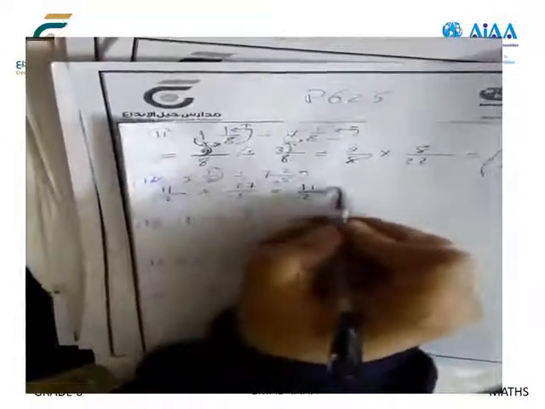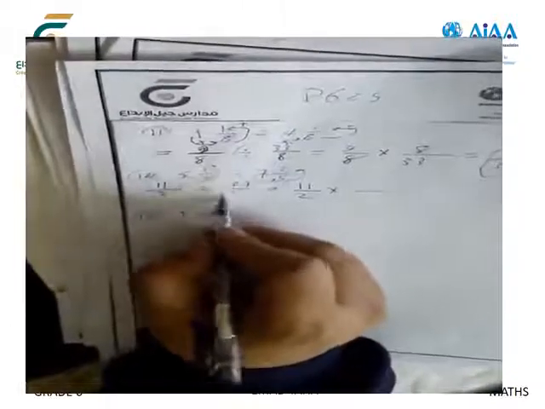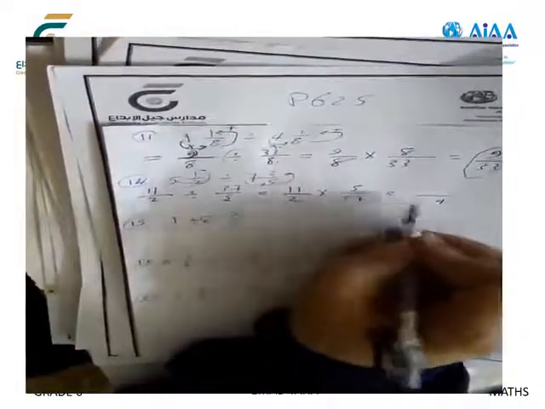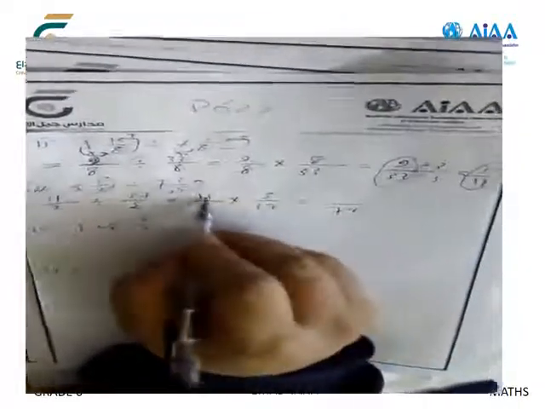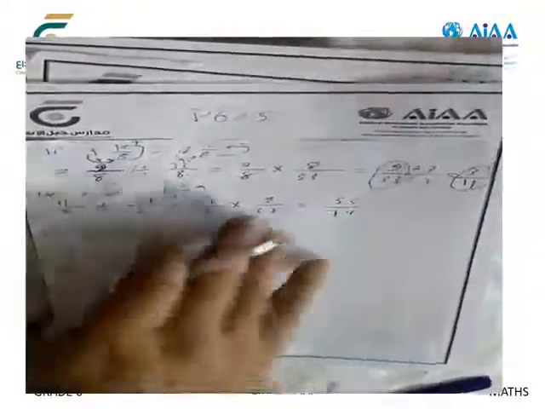Now we write the first fraction without any change. Okay, multiply. Here's the reciprocal. We invert the fraction, it will be 5 over 37. Now we multiply 2 times 37. 2 times 7 equals 14, 4 and carry 1. 2 times 3 equals 6 plus 1, 7. And the numerator 5 times 11 equals 55.